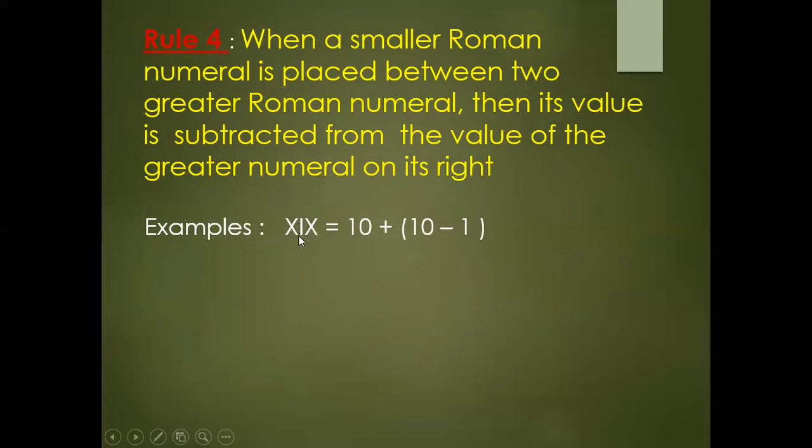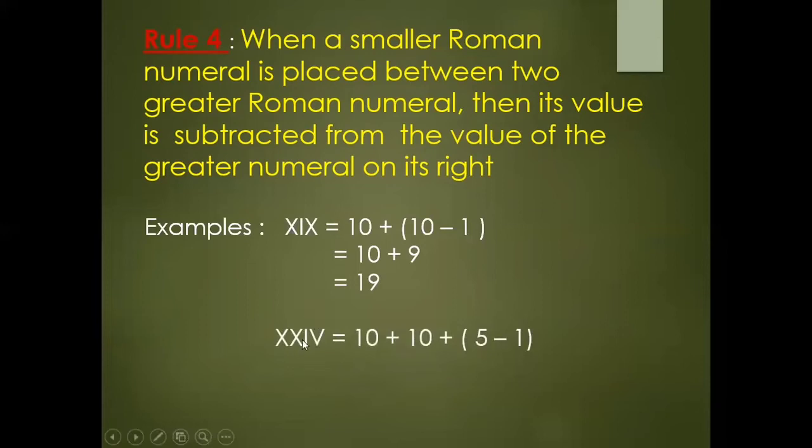If you see over here, I is coming between these two X's. So I'll first take this I and X together and subtract this I from this X, that is 10 minus 1. This X will be added to this only. So my Roman numeral will become 10 plus 9, which is 19. So XIX is nothing but 19.